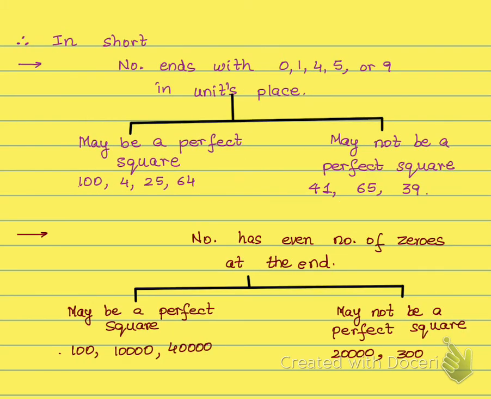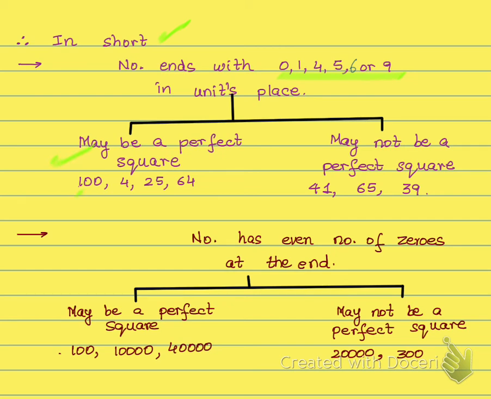So we are going to write in short what we have learned so far. If a number ends with 0, 1, 4, 5, 6 or 9, yes, I forgot the 6 over here, so please remember 6 or 9 in the units place, then it may be a perfect square.